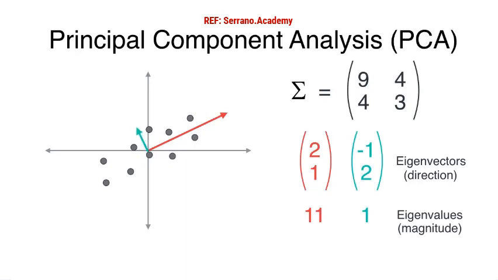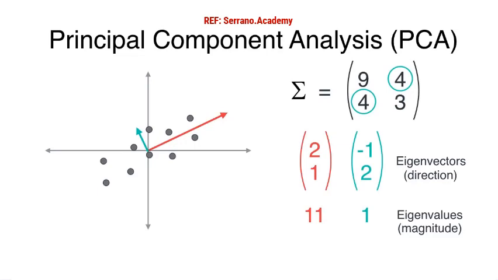And notice that the two eigenvectors and eigenvalues tell us a lot about our data set, right? Because it tells us in what direction it is spread and by how much. Also notice that the red and the green vectors are perpendicular. That's not out of luck. That's something that happens when we have a symmetric matrix. Symmetric means that in this case, this 4 and this 4 are the same.